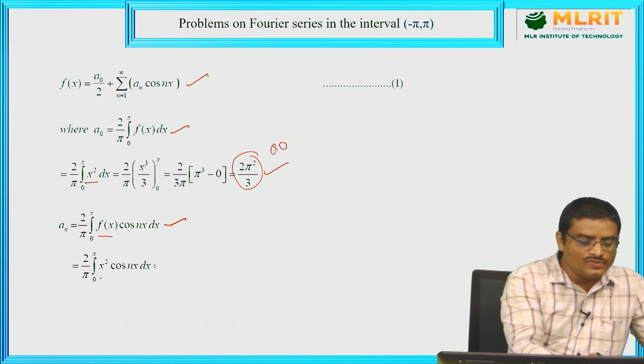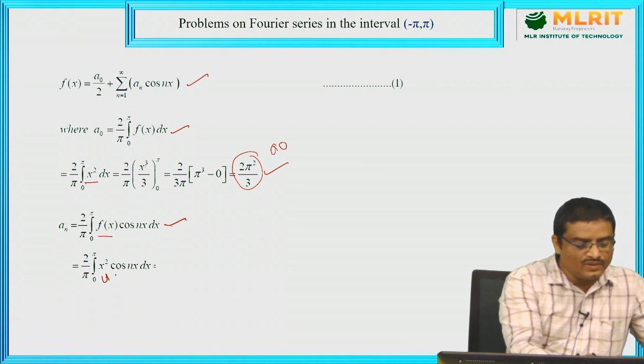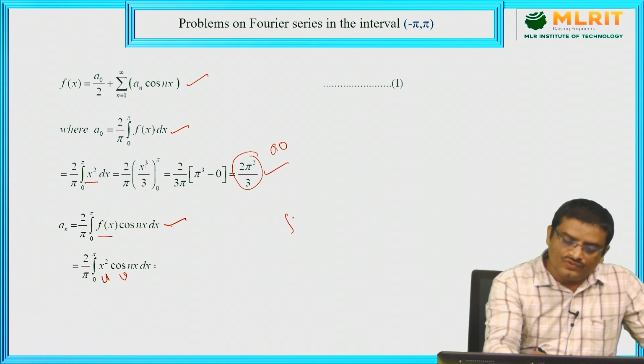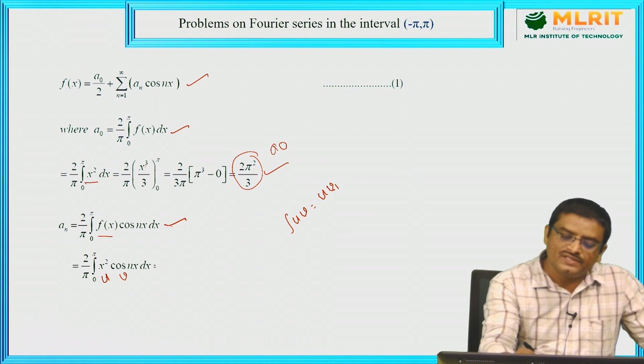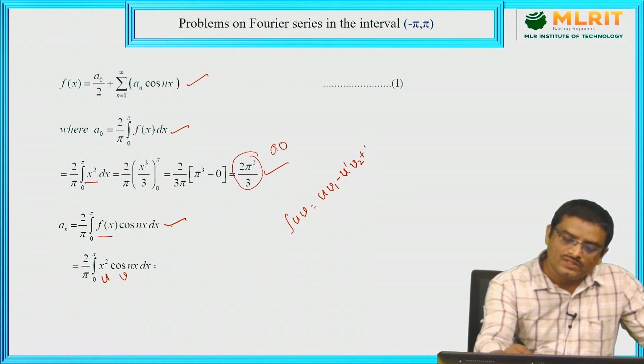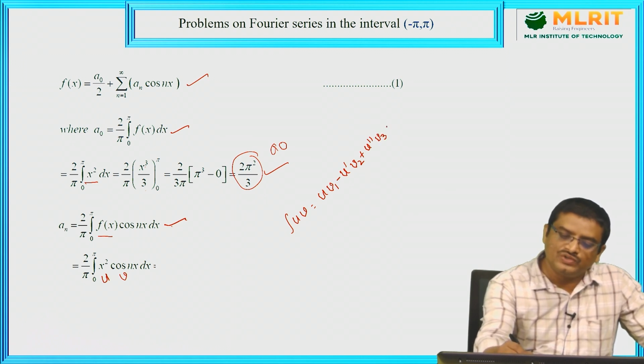In this case we have to go for the integral of uv. So integral of uv is equal to u into v1, minus u dash into v2, plus u double dash into v3, and so on, where v1 is the integral of v, v2 is the integral of v1, and v3 is the integral of v2.